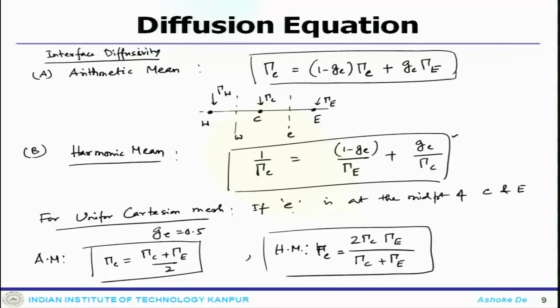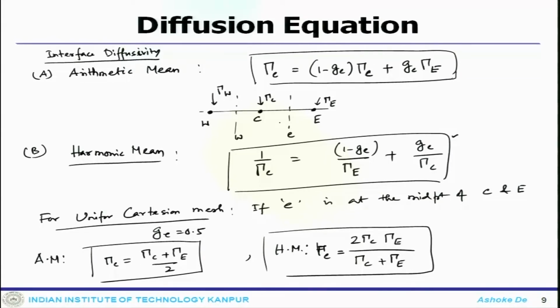So, the message here is that, so essentially the harmonic mean has some sort of an advantage over the arithmetic mean. Now, once you look at the applicability, all this interface diffusivity calculation will be important once you have some non-homogeneity in the diffusivity along the elements.